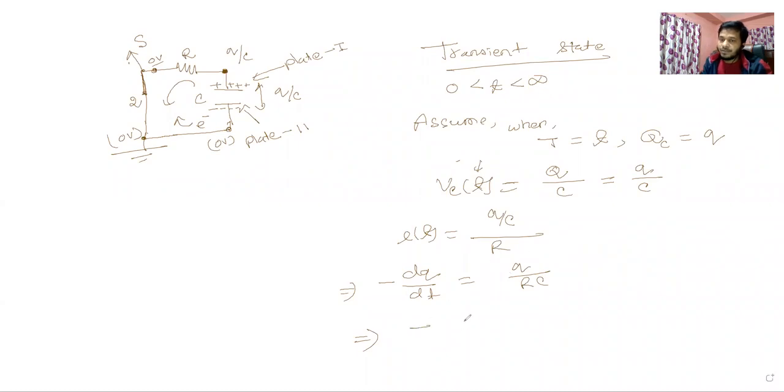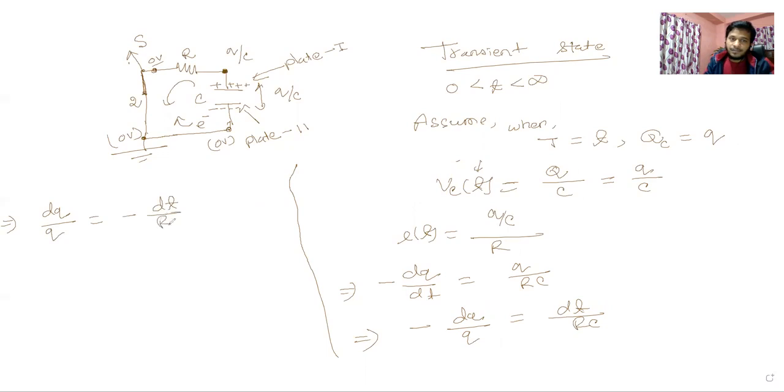We can take this q to this side, and then it will be dt by RC, isn't it? Then it would be dq by q equals minus dt by RC. Now we can integrate both sides.